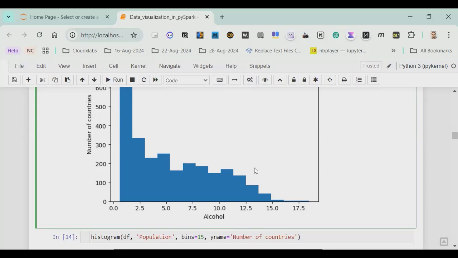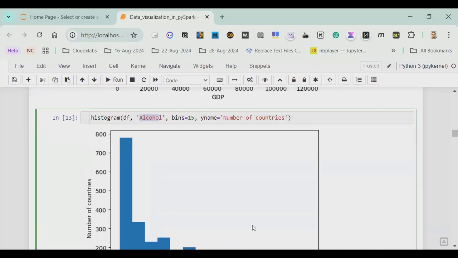So that is the distribution. So it's skewed. And in these cases, what did we understand and what did we get from these values? We can look at the data and understand the data. And meanwhile, we can also see how the distribution will help us, related to GDP or to another variable called alcohol.